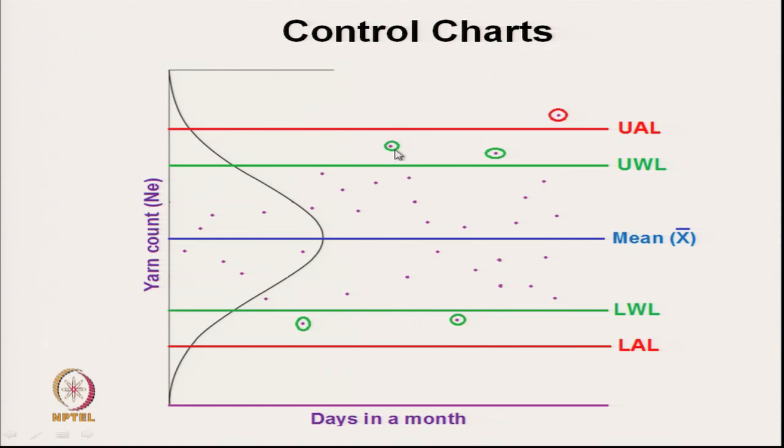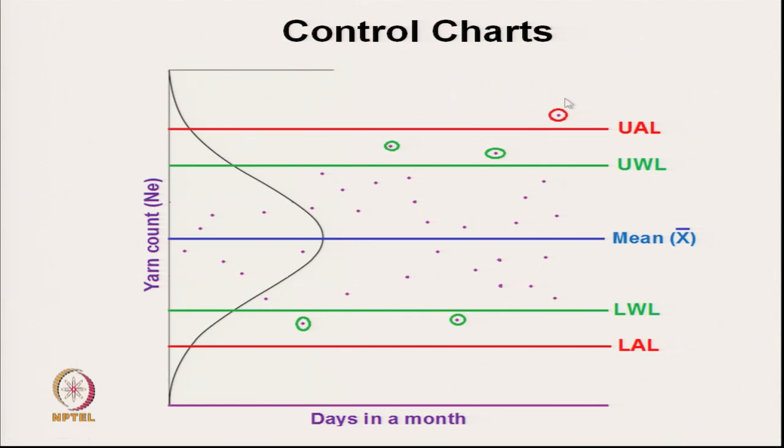So, immediately the warning was given, and they have taken some precaution. It is not action, it is a precaution they have taken, and again it has come back. So, this will go across, but once it is crossing this limit, then immediately action has to be taken.